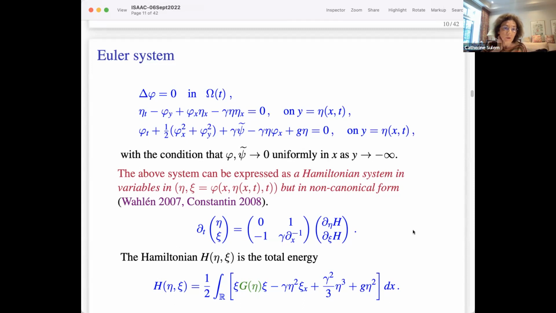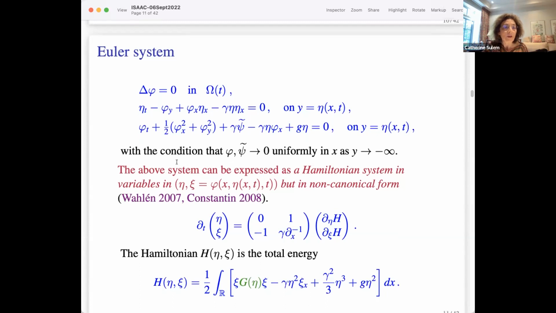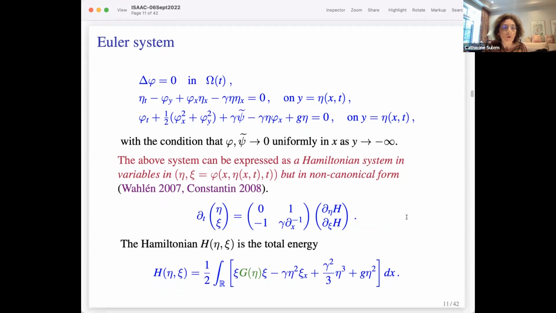And so this is what I was alluding to at the beginning. Wahlén and Constantin, at the same time, showed that this system has a Hamiltonian formulation in the variables eta and xi, being the trace of the generalized velocity potential on the surface.